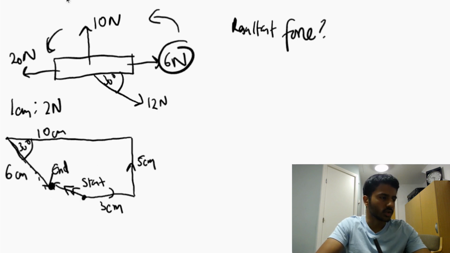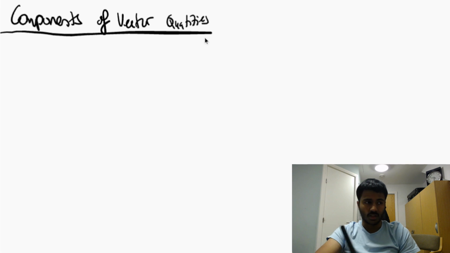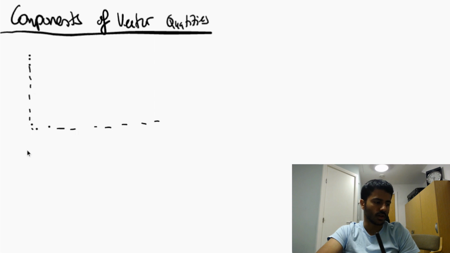You want to measure the length of that line. Now, the more typical way to resolve vectors is by using angles and calculations. So let's say I had a plane surface here and a plane surface there. Let's call this our vertical axis and horizontal axis.